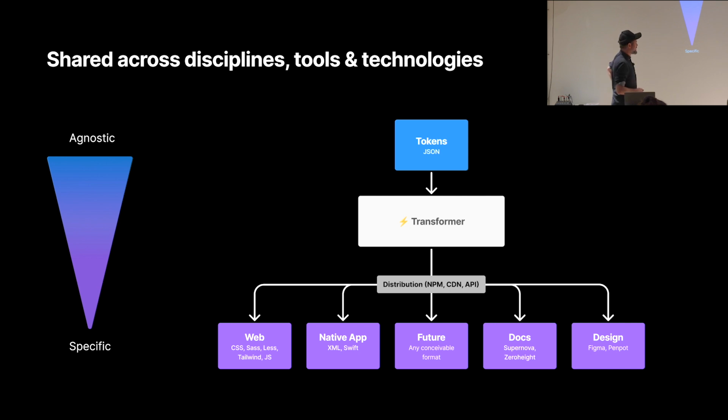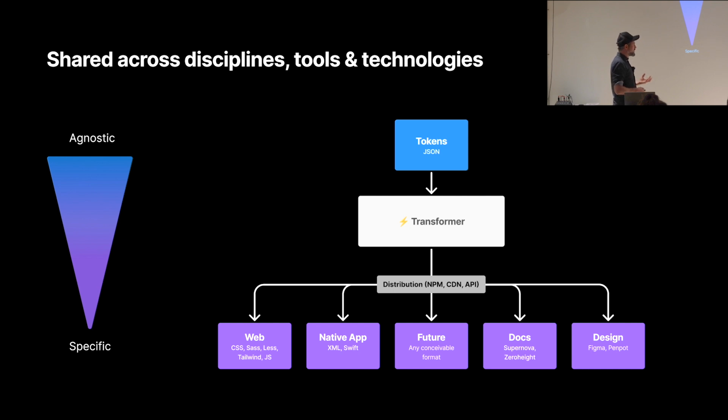Let's have a look at this graphic. So tokens actually travel through a pipeline. They start as a small tech-agnostic piece of JSON file, and they get transformed along the way. There's a transformation process. Then they get distributed to your target platforms.